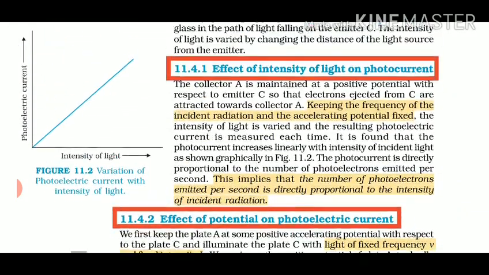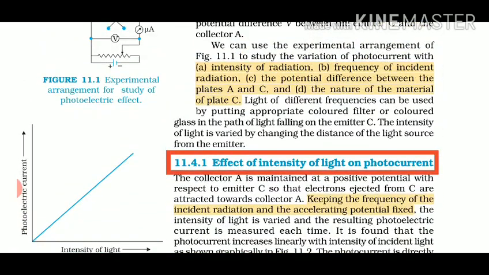As we are discussing, there are four parameters: intensity, frequency, potential difference, and nature. When we keep one as variable, for example the effect of intensity of light on photocurrent, the other parameters I am keeping constant.